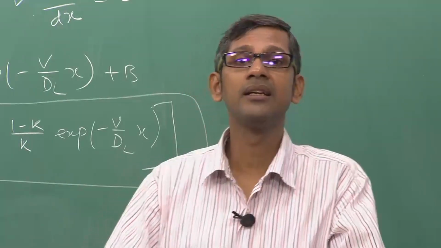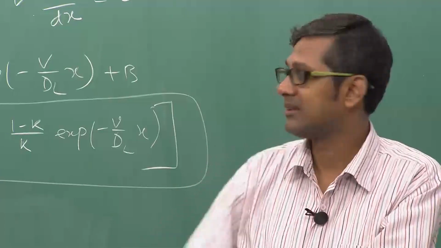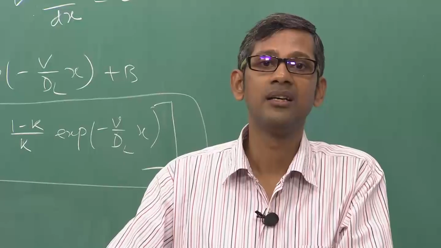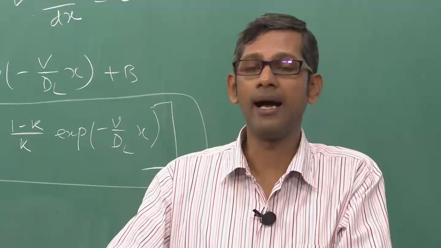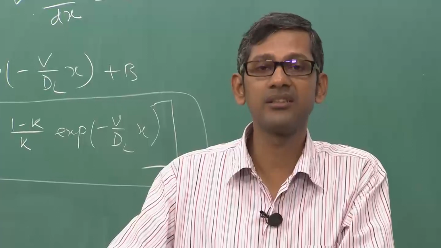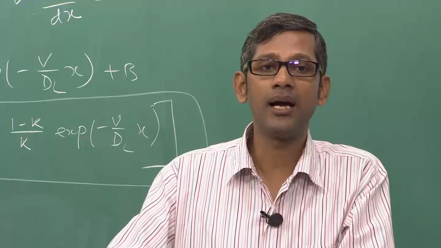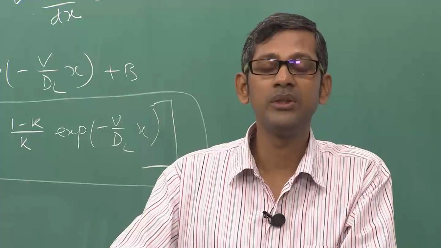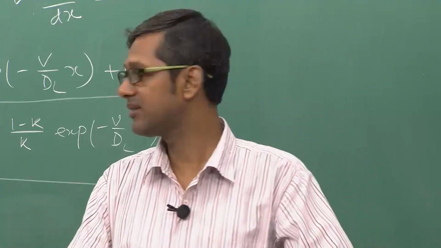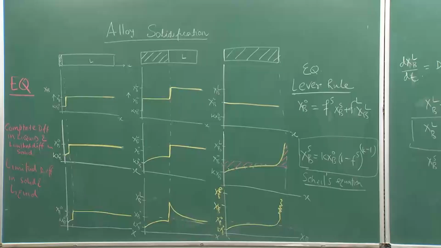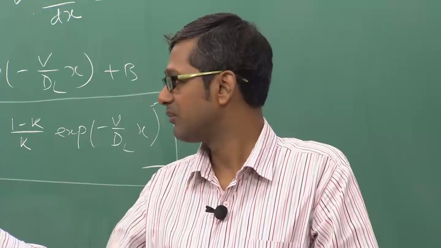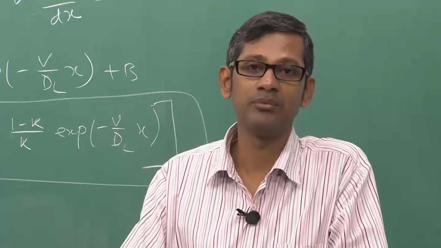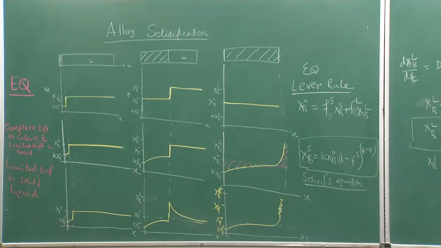Finally, the third situation is most common in alloy solidification. We normally do not have sufficient convection in the liquid to have uniform composition of the solute in the liquid. We will always have such a kind of spike in the compositional profile, and this spike is very important for the formation of dendrites in the alloy cases.